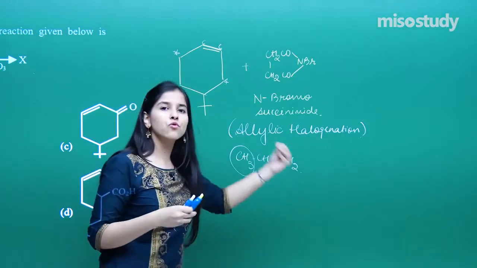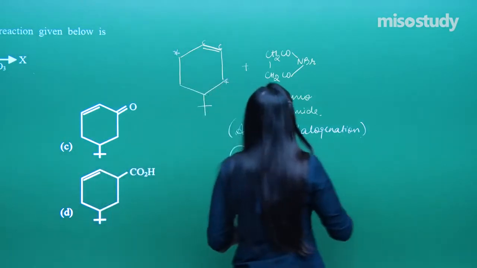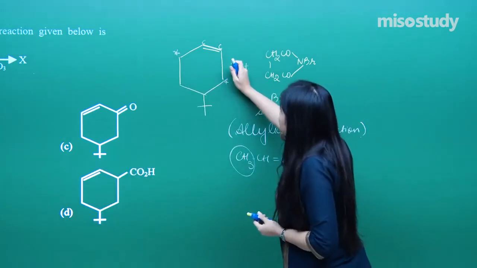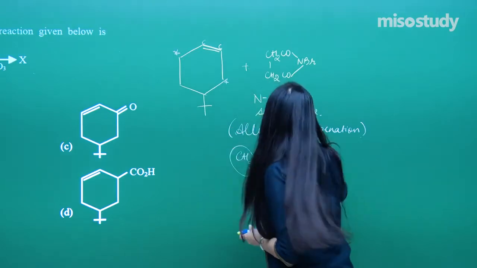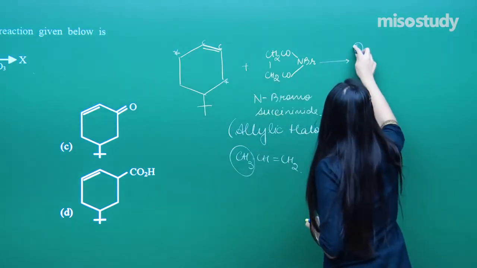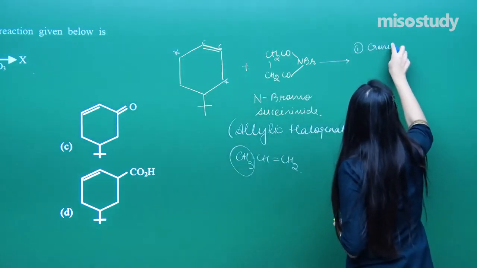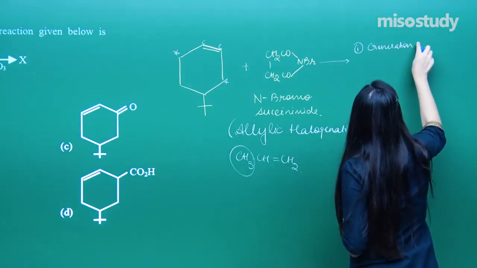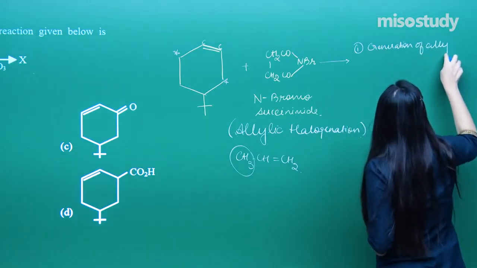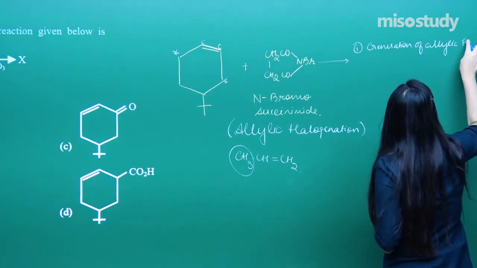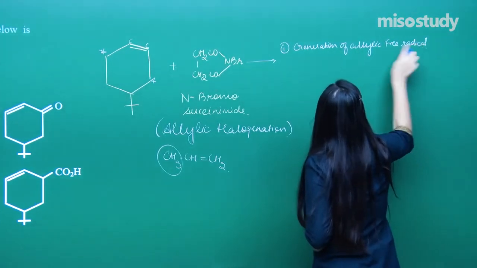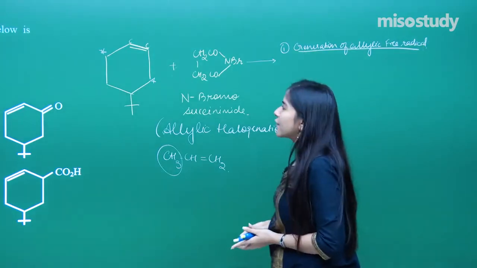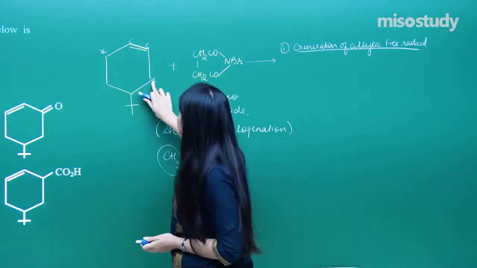Now let's first move on to the mechanism. So the mechanism says I need to generate the free radical at the allylic position. So the first step would be generation of allylic free radical. That means I have got 2 possibilities over here. One is this, one is this.